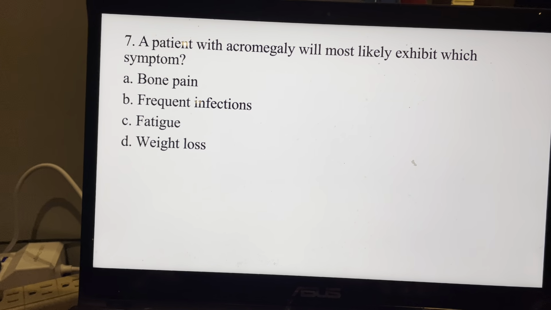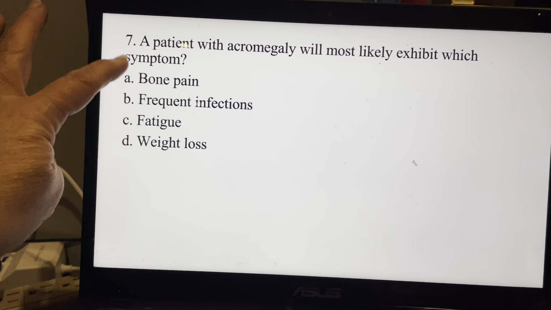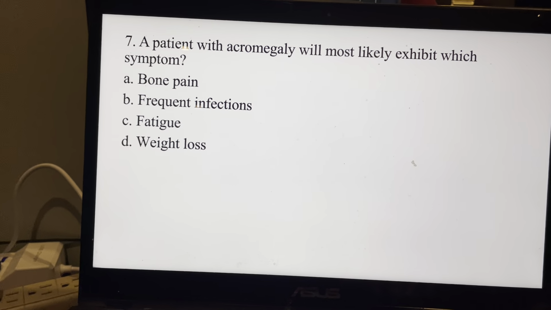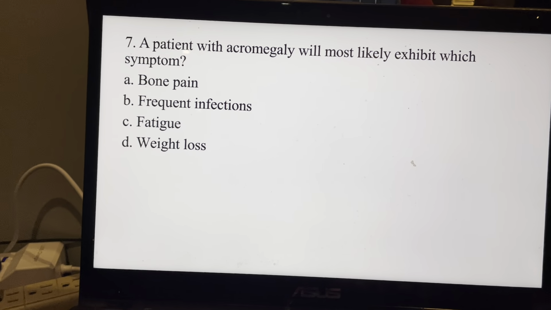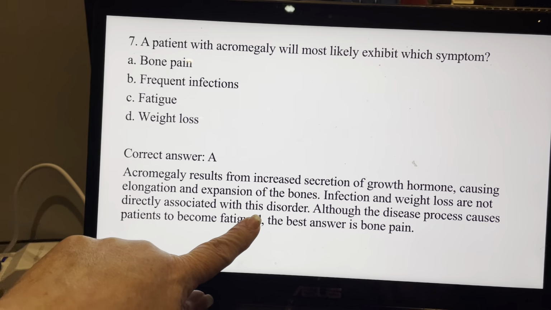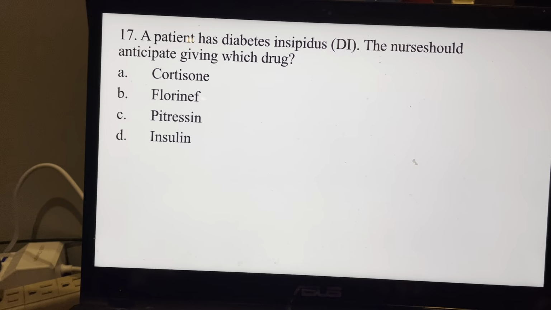Okay, a patient with acromegaly will most likely exhibit which symptoms? Bone pain, frequent infections, fatigue, or weight loss? You know. Yeah, because his bones grow. A patient has diabetes insipidus.